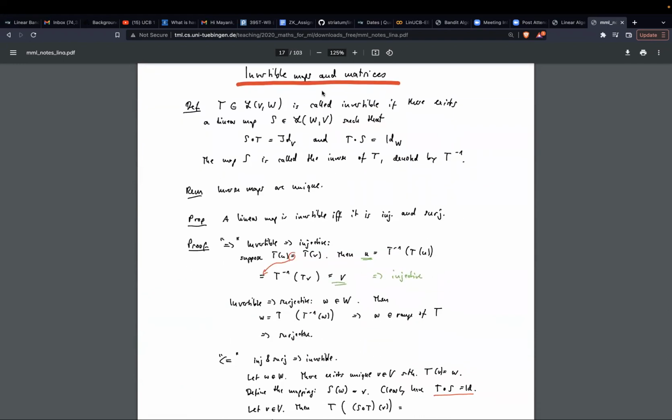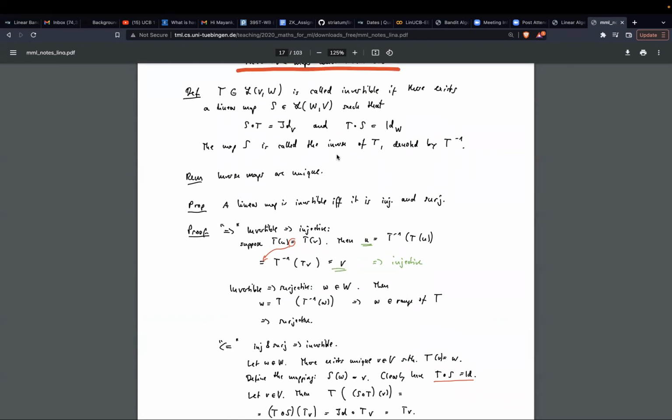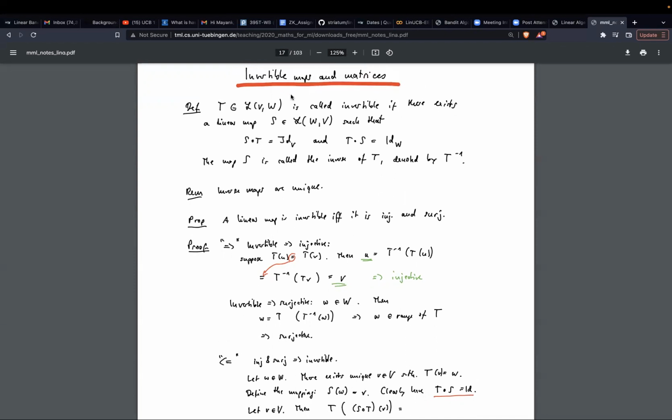Okay, so invertible maps and matrix. Inversion is basically, whatever transformation you have done through a matrix, you want to have another function which can take the final resultant vector and map it back to the original vector from which it came. That's the inversion we are interested in here, and invertible maps are essentially those things.